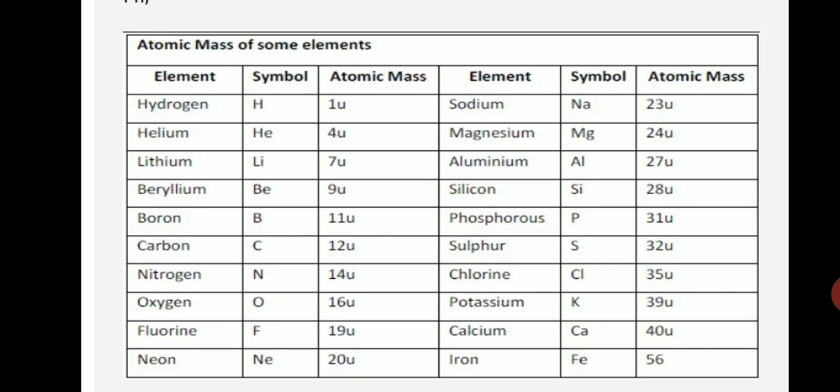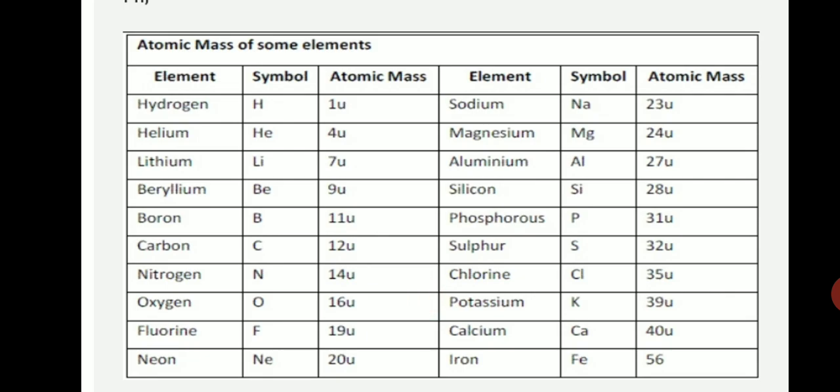So let us look at some of the elements. Hydrogen H, helium He, lithium Li, beryllium Be, boron B, carbon, nitrogen, oxygen, fluorine, neon, sodium, magnesium, aluminum, silicon, phosphorus, sulfur, chlorine, potassium, calcium, and iron.